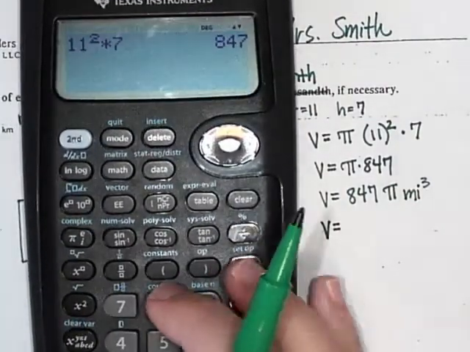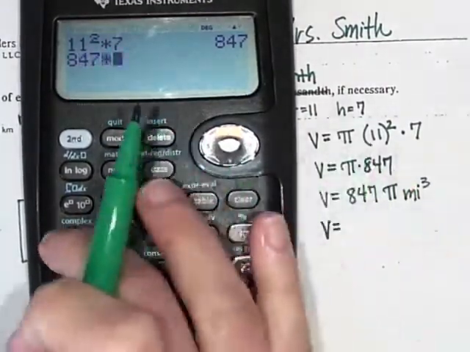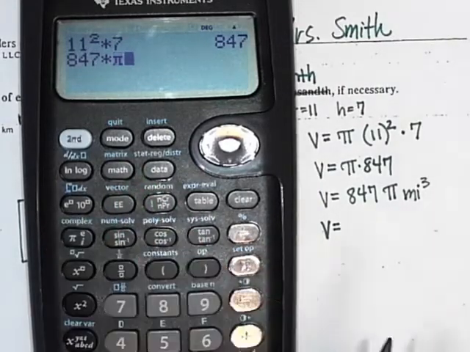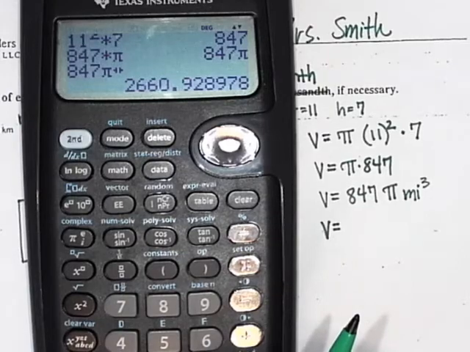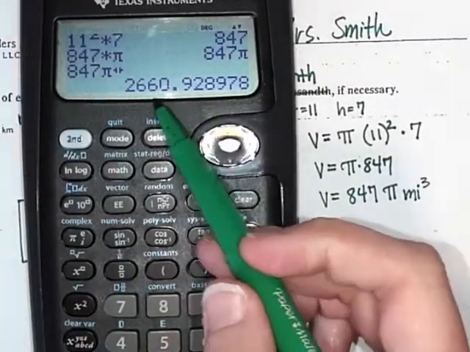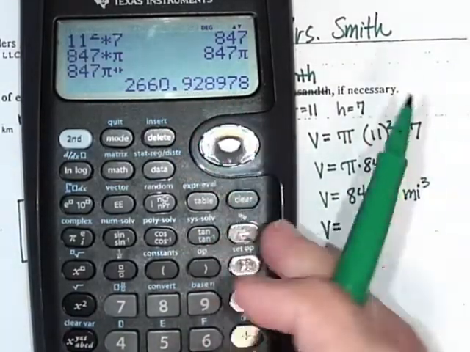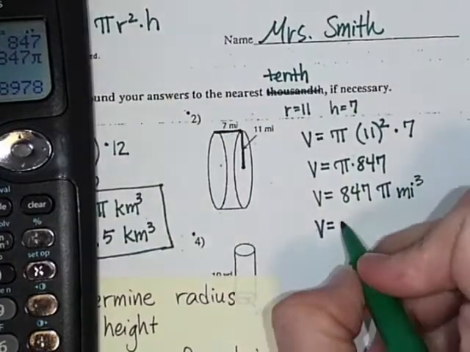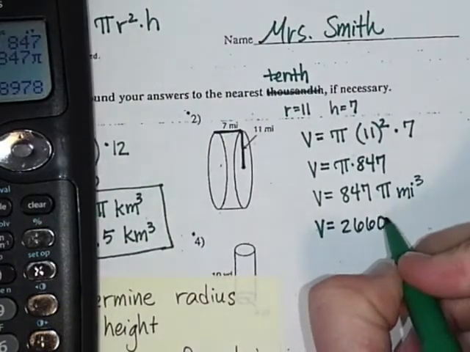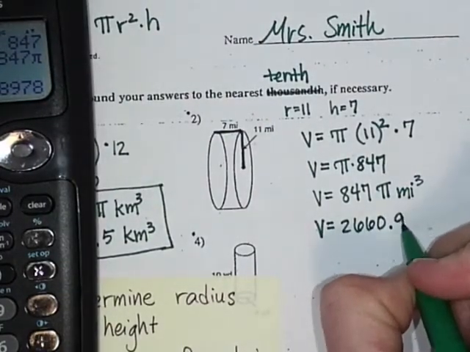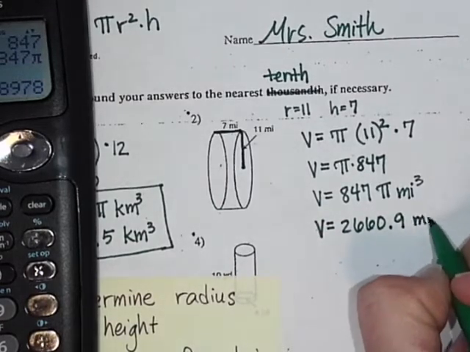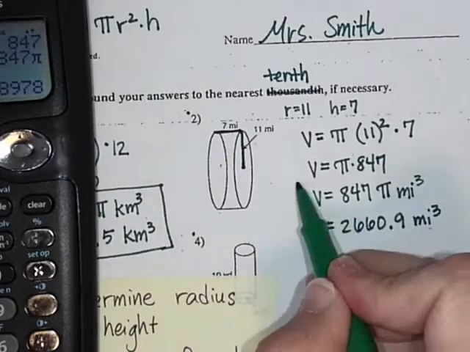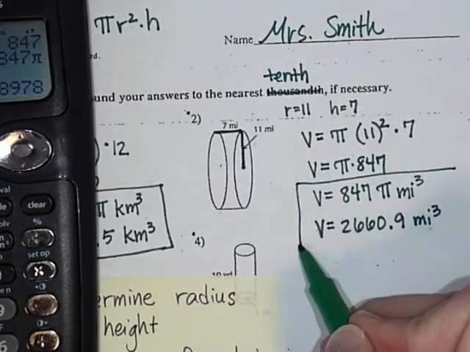So 847 times pi equals, and I'm going to push the magical button again, and it gives me 2660.9, and we're going to leave it like that. Then we just need to write down our units. Miles cubed. And that is our answer for that.